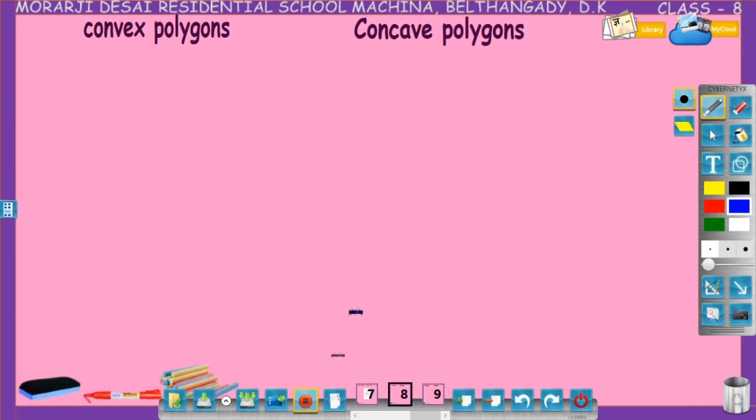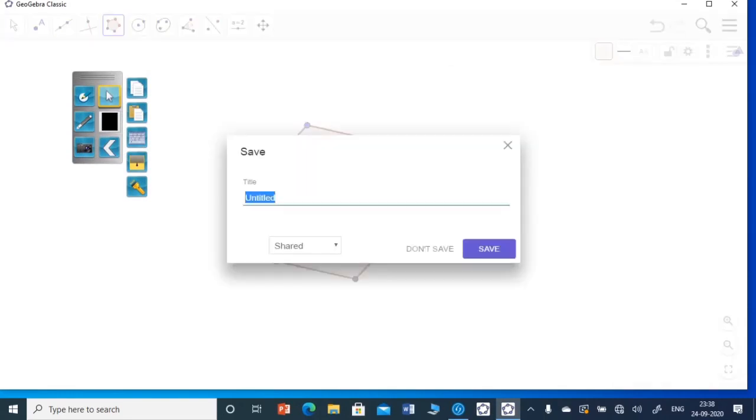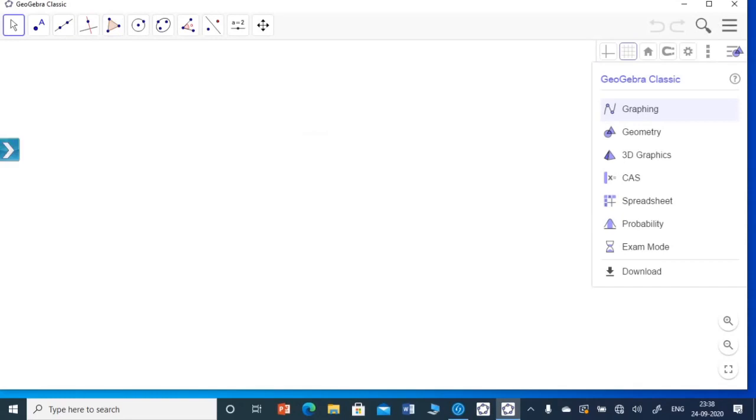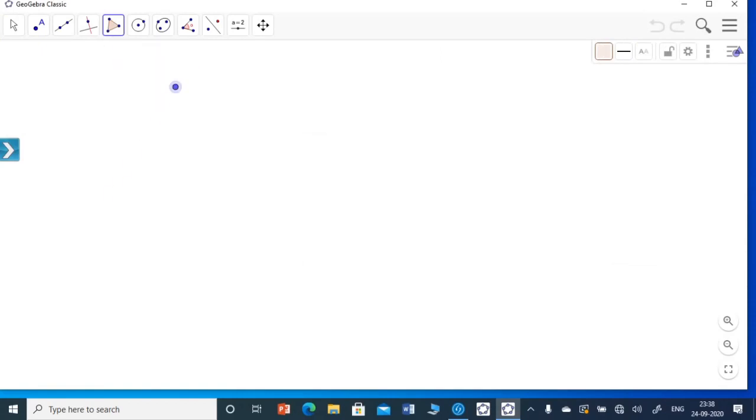Now let us see about convex and concave polygons. Look at this figure.